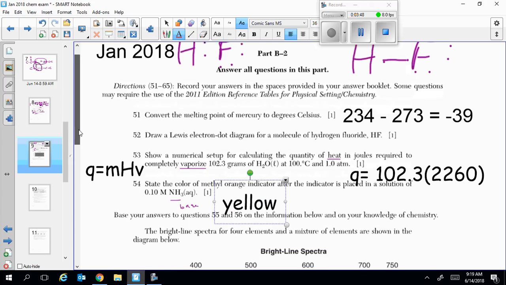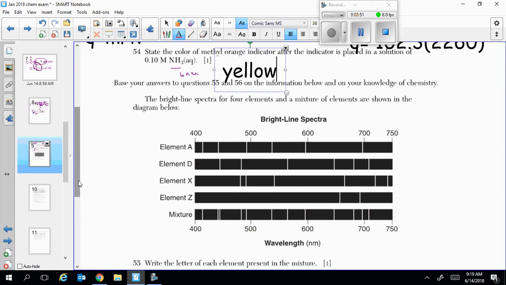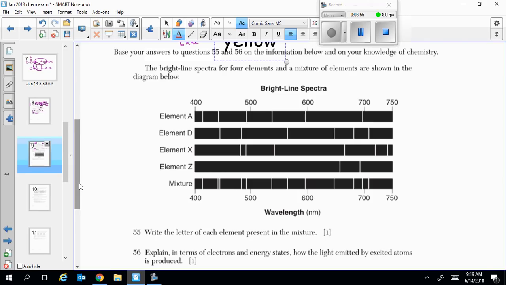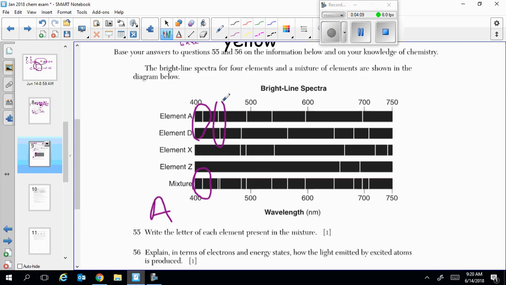All right, next one. The bright line spectra for 4 elements in a mixture of elements is shown in the diagram below. Write the letter of each element present in the mixture. So here's my mixture. This line right here came from element A, so I know I've got A in my mixture. And then these lines seem to come from A and D. So now I know D is in my mixture, and I can follow this line is here from D, this line's here from A, this line's here from A, this line's here from D. So that's it.